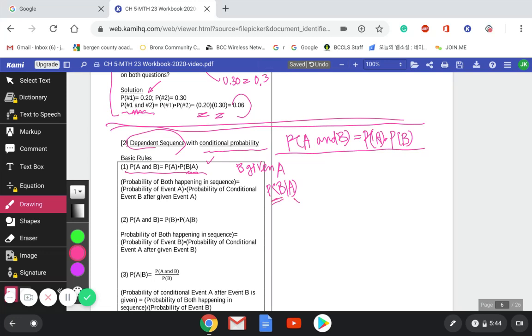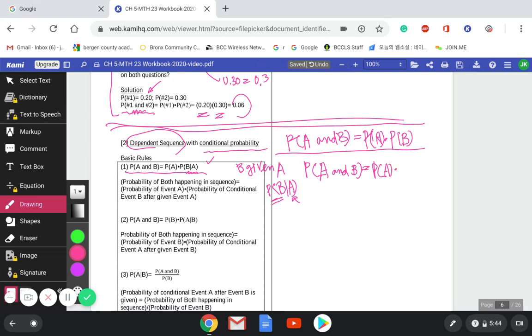So the probability of A and B in conditional events would be the probability of A times the probability of B given A. So it's a little different.